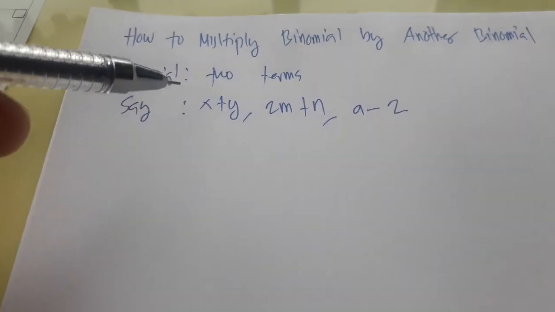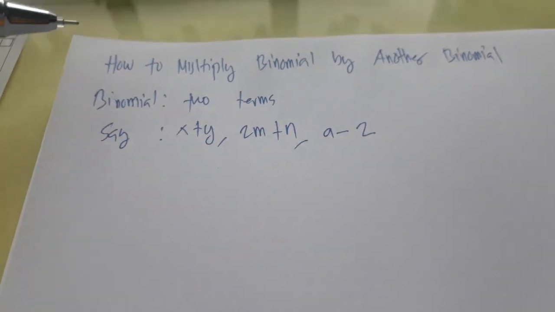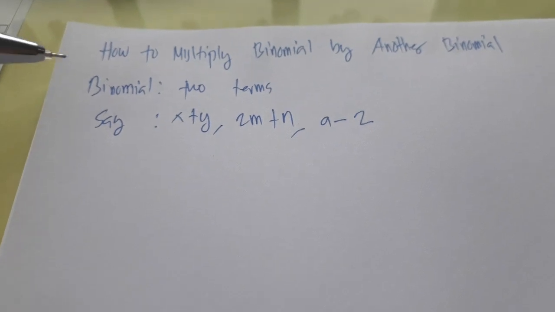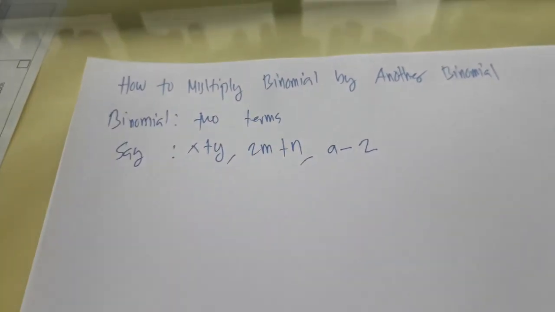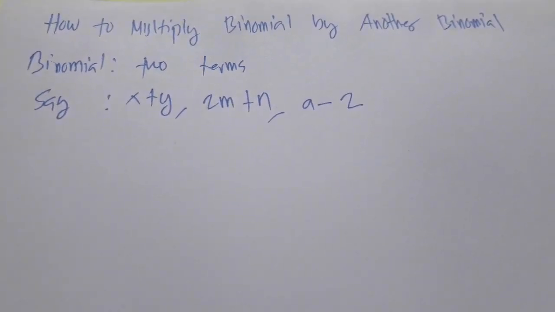So in the first binomial, this is the first term and the second term. Two terms, 2m and n. In this case, a and negative 2. These are all examples of binomials.